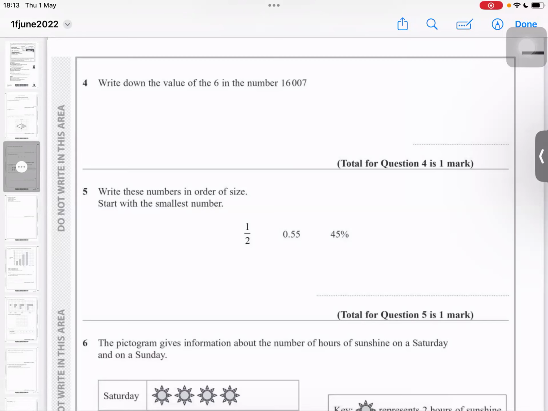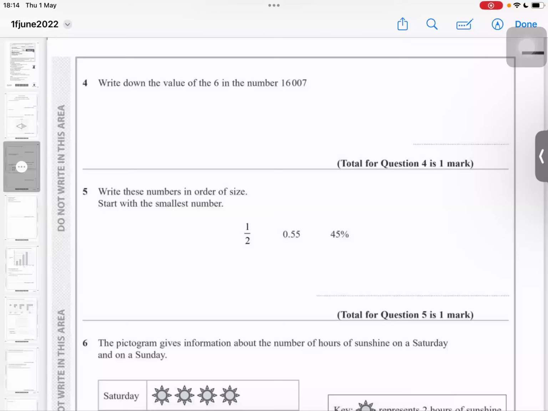Write these numbers in order of size. Start with the smallest number. Okay, so we know half is 0.5 and 0.55 is bigger than 0.5 by virtue of the 5 after the first 5. And 45% is 0.45 because 45% is 45 divided by 100. Remember, whenever you divide by multiples of 10, the decimal point moves to the left according to the number of zeros there.